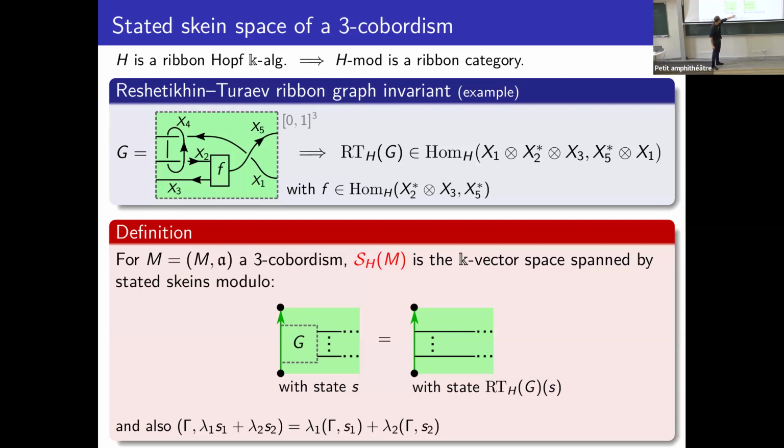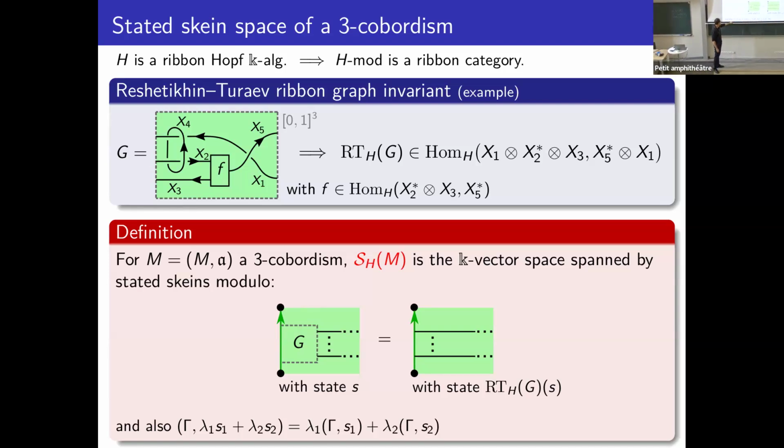I have to replace S with the state where you use the linear map associated to G by Reshetikhin-Turaev to act on S. This makes sense by definition of the state, because the state will be exactly in the target space of the Reshetikhin-Turaev map of G, which corresponds to these strands.